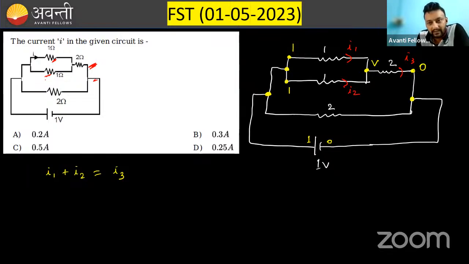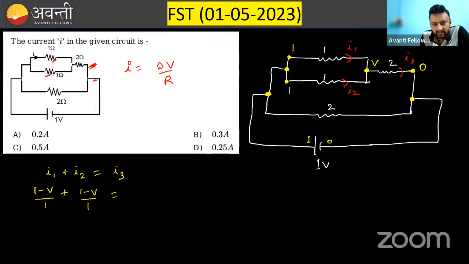Now, I1 can be written from Ohm's law, everybody knows, I think, that I is equal to delta V by R. So I1 is moving through the 1 ohm resistor, and the potential difference is 1 minus V. So that is 1 minus V divided by R, which is 1 ohm, plus I2, again 1 minus V divided by 1 ohm, is equal to I3.